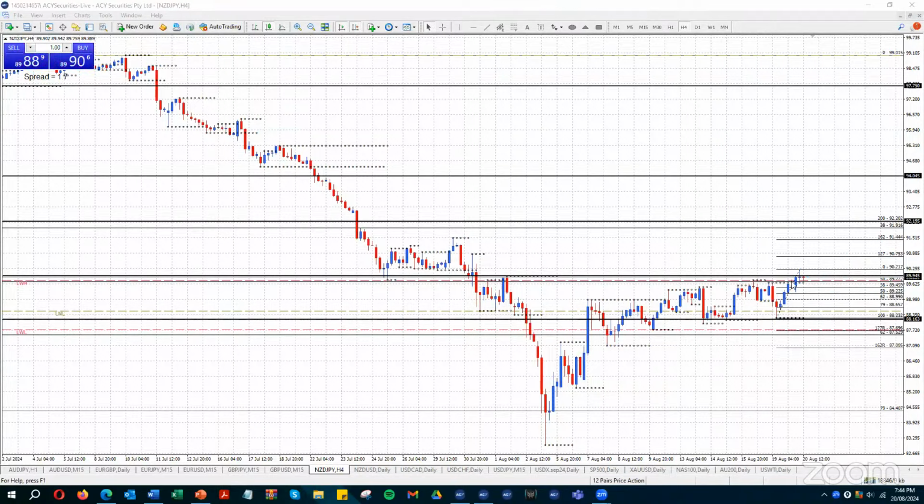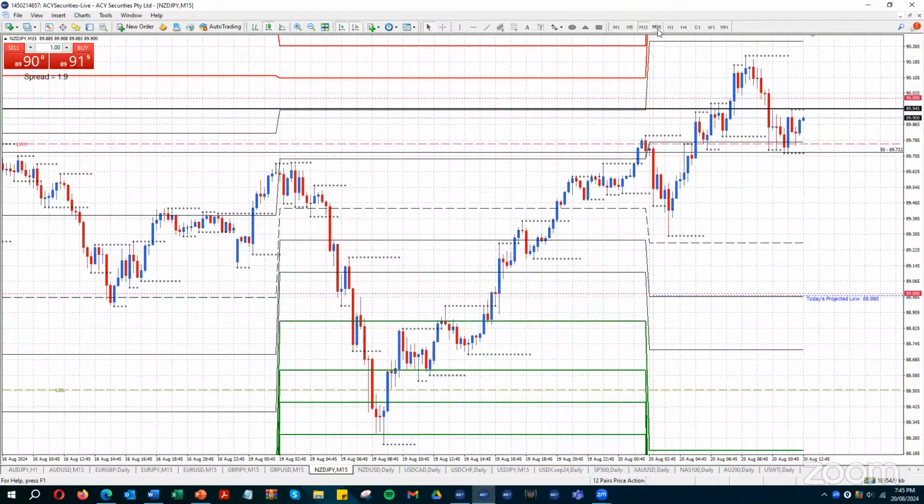Or you're looking for a clear break of 89.94. Now, if you're exceptionally bullish, you think it's going to end here at 89.94. Of course, you could be looking, you can see that we've been having failure.